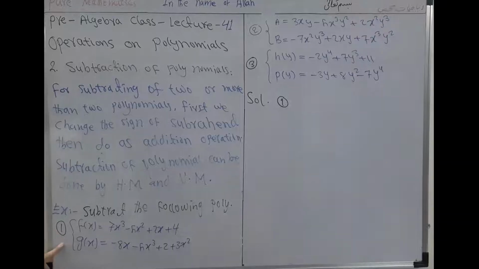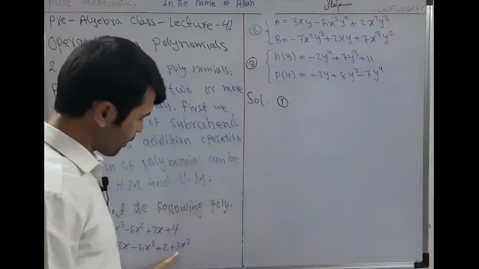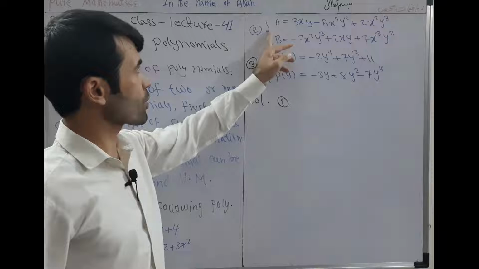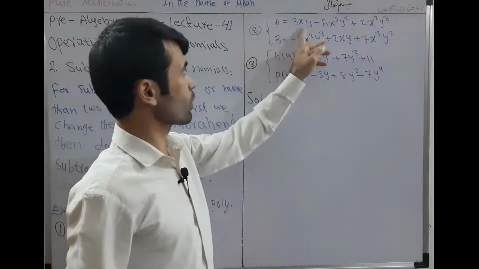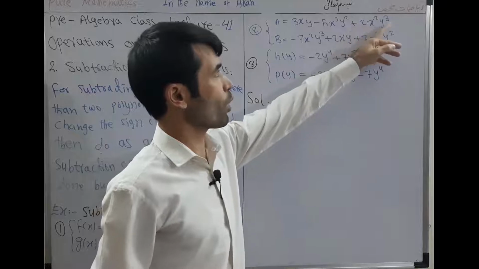Here are three questions. Number one, f of x is equal to 7x cubed minus 5x squared plus 2x plus 4. G of x is equal to minus 8x minus 5x cubed plus 2 plus 3x squared. Question 2, a is equal to 3xy minus 5x cubed y squared plus 2x squared y cubed.